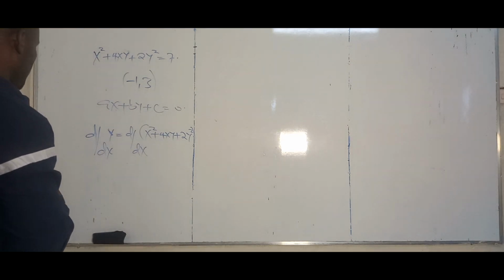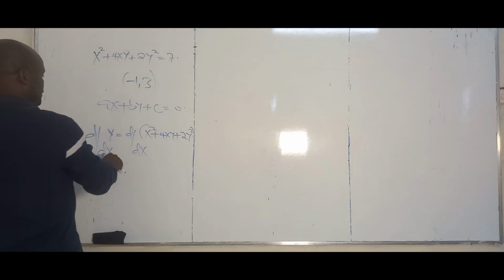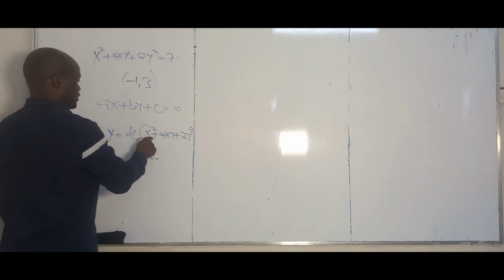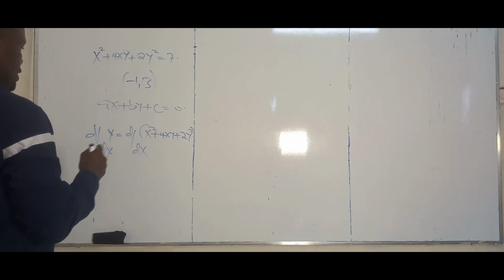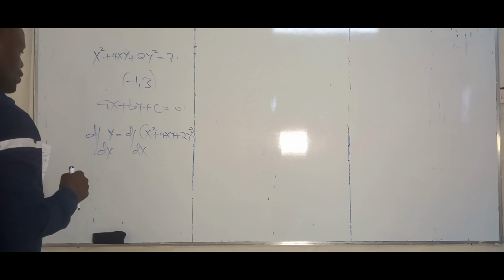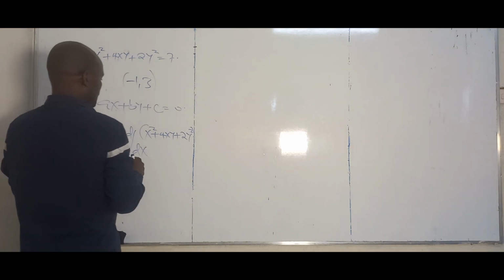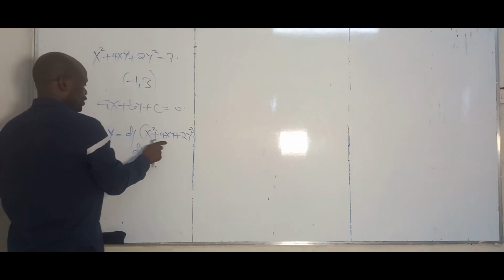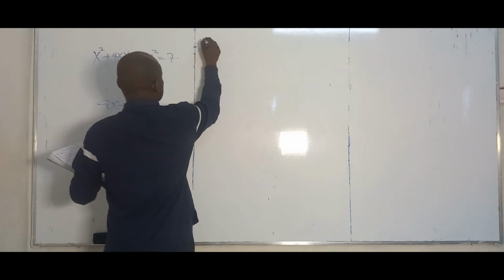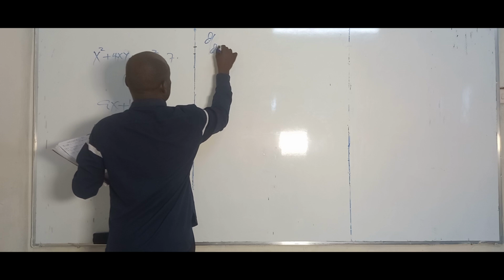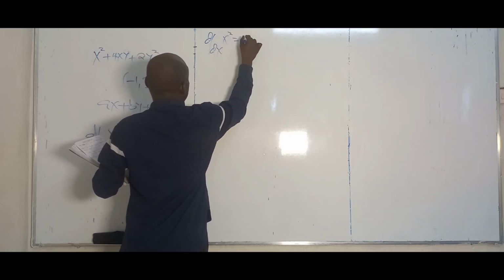We see that some of these terms we can differentiate directly, but others we are not able to. So let me differentiate this part. d/dx of x squared is 2x.